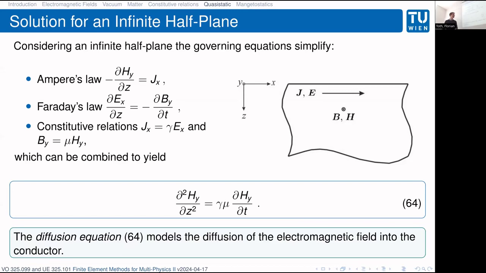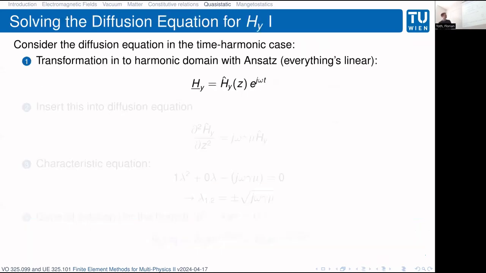So how do we solve the diffusion equation? The answer is given here. We are interested in the solution for harmonic excitation. So we make the harmonic ansatz of a complex valued quantity times e to the power of j omega t.